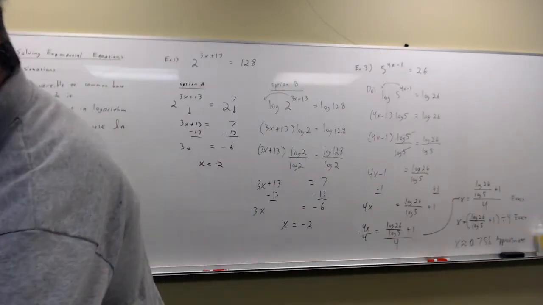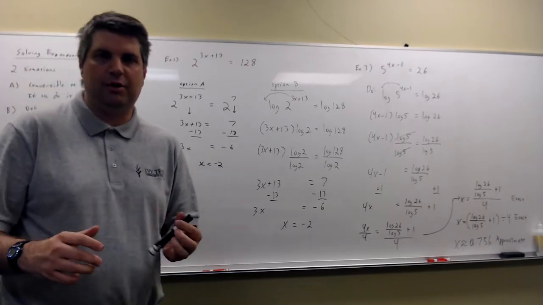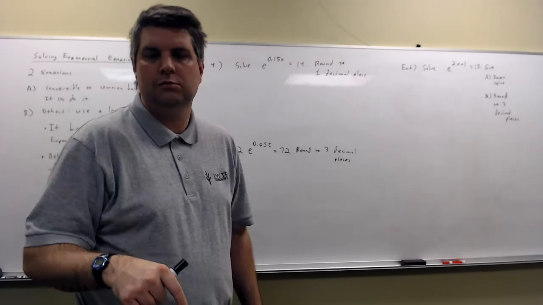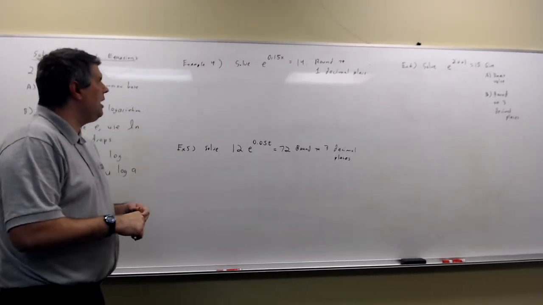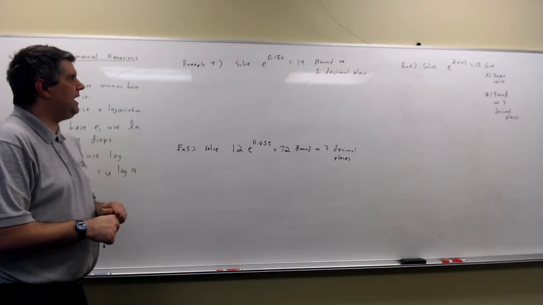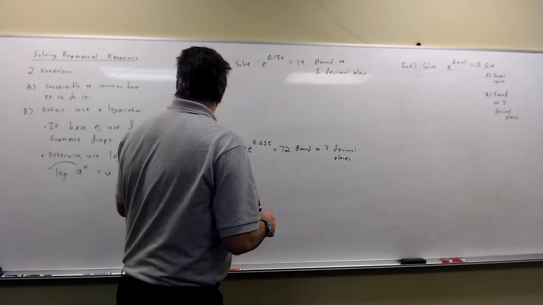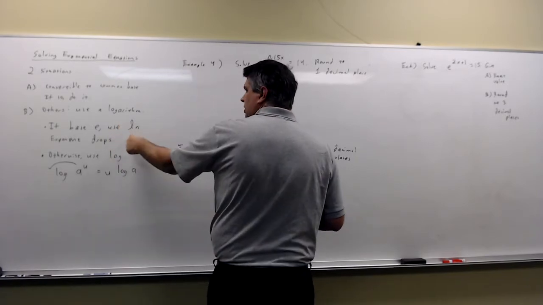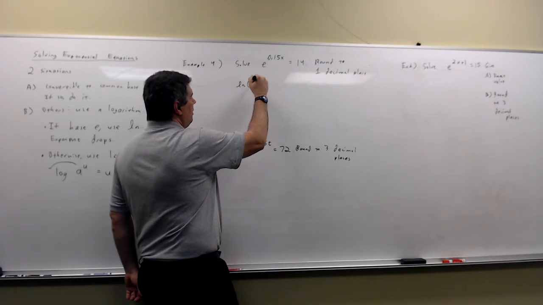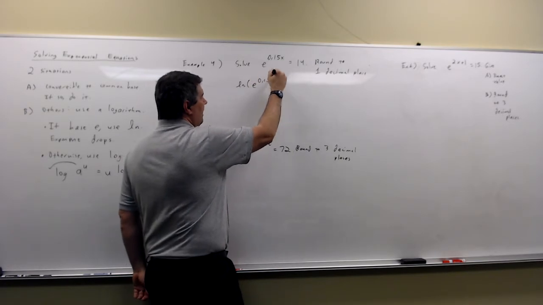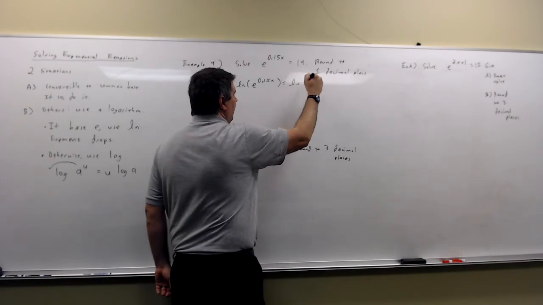All right. I'm going to stop here, pause here, and clear the board. Okay. Example 4, we're going to solve e to the 0.15x power equals 14. So I'm simply going to take the natural log of e to the 0.15x equals the natural log of 14.